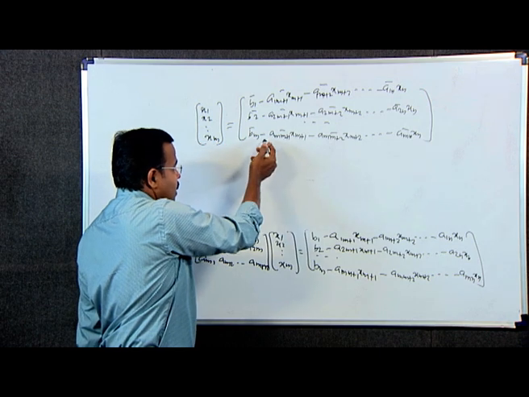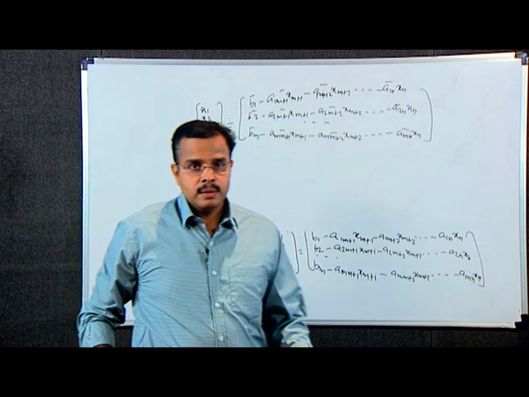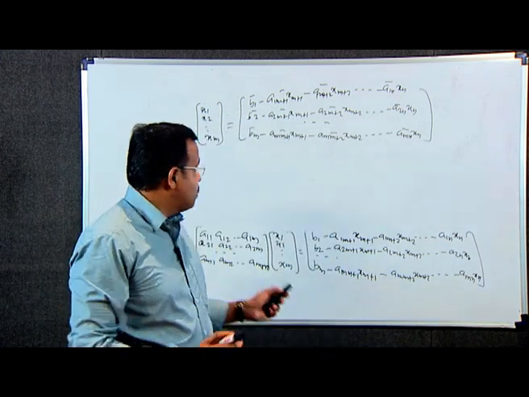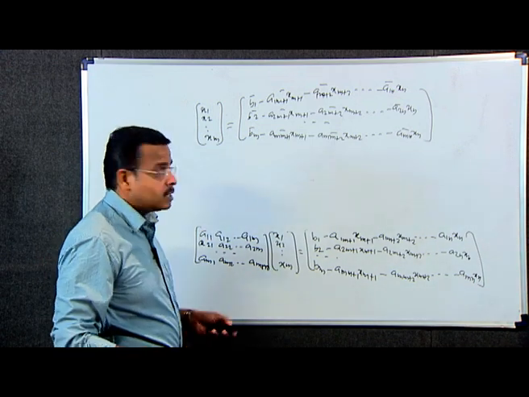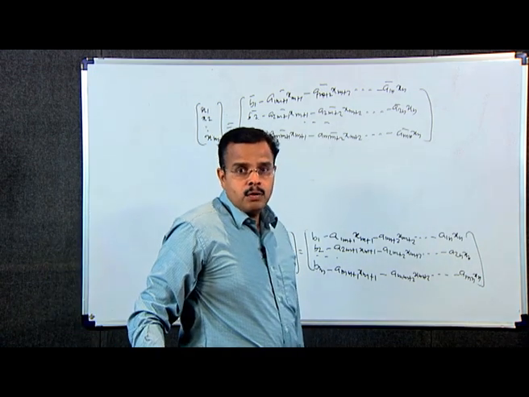Similarly, xm plus all these things is equal to bm bar. Equations which are equivalent to the former equations are called the canonical form of the equations.